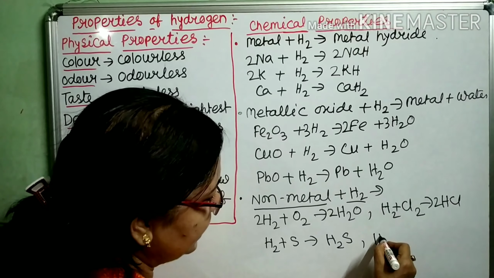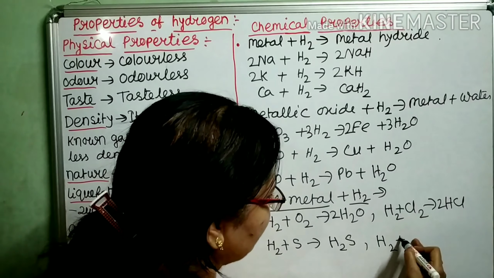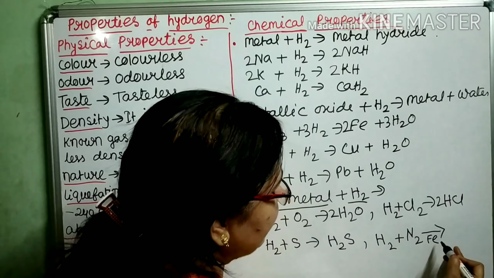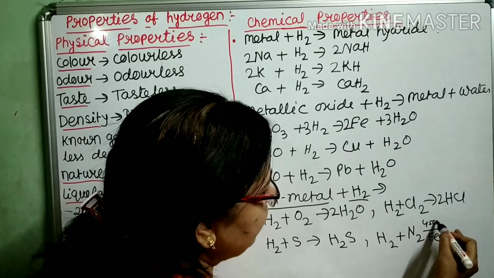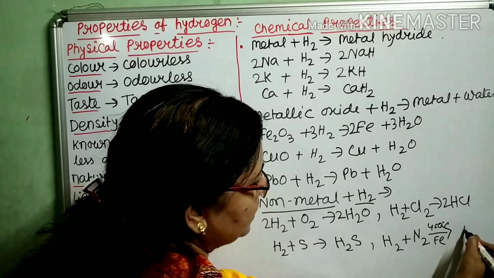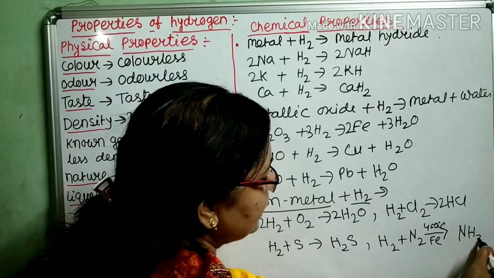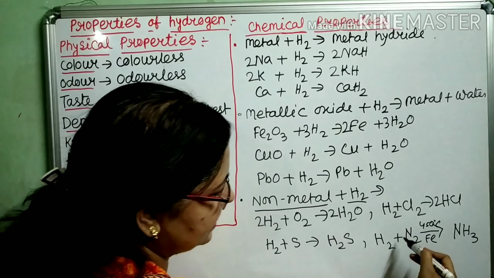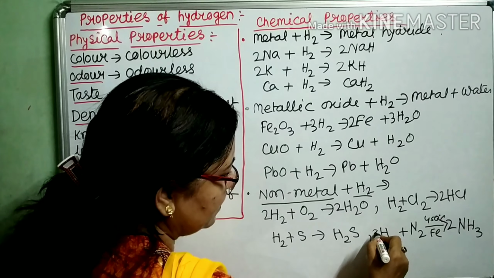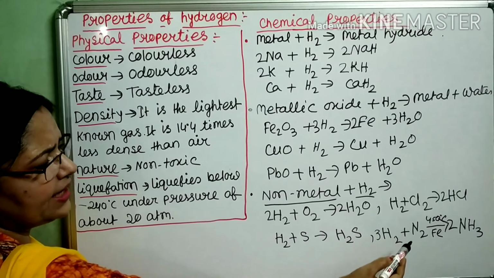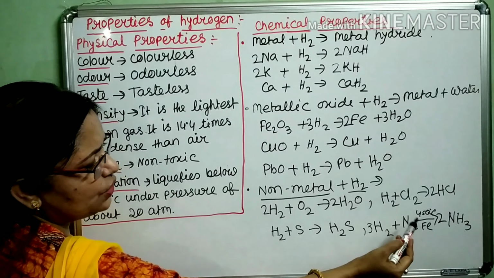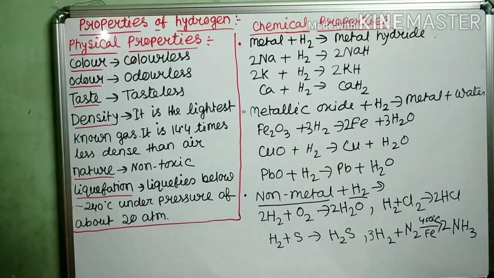Then when hydrogen reacts with nitrogen under some conditions, meaning in the presence of a catalyst, finely divided iron, at 450 degrees centigrade temperature and 200 atmospheric pressure, ammonia is formed.